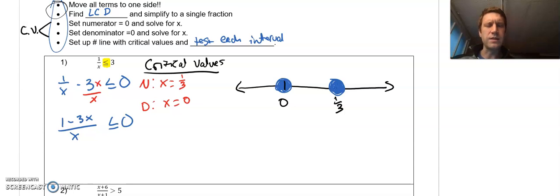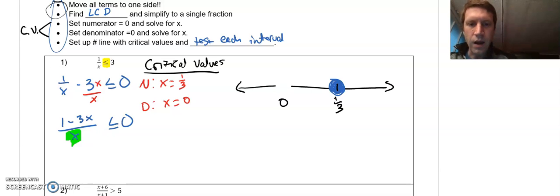But now let's think about this. If I included 0 in my solution set, which actually comes from the denominator, I'd have 1 minus 3x over 0. I don't think that's going to generate a solution. So actually, I'm going to take back what I said. Any critical values generated from the denominator will always have an open circle.